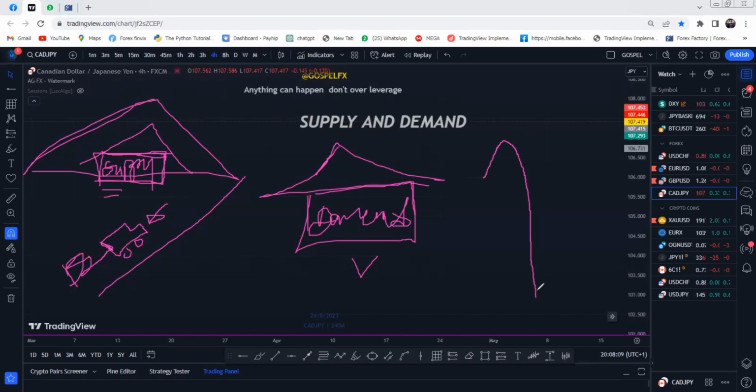...will be dropping. The price of that currency pair is going to drop. It is not normal. If you go to the market and you discover that the availability of a particular thing is so much, the prices will start to drop, which means that the supply of that particular thing in the market is too much.